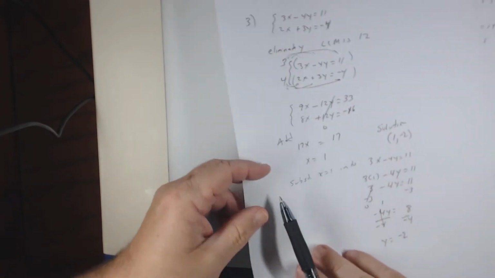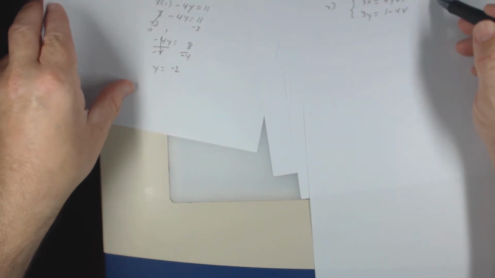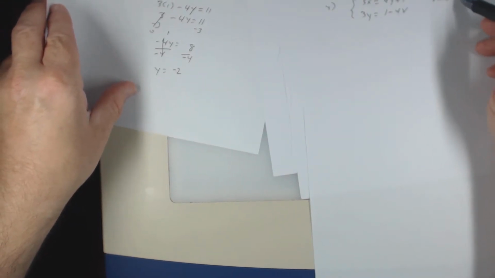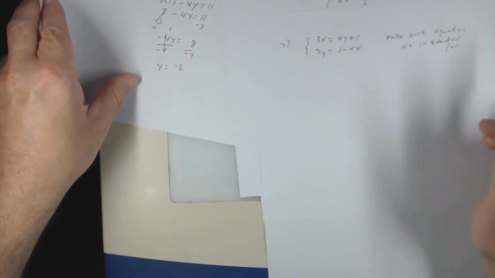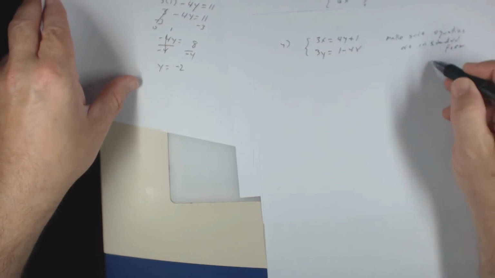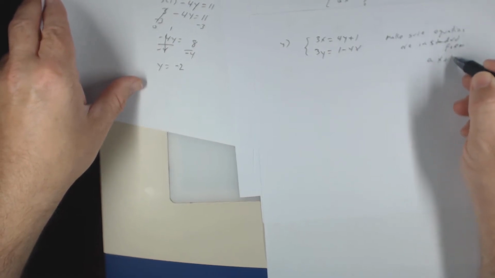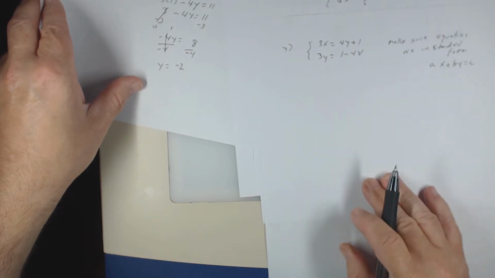All right, so the first thing you got to do is make sure that the equations are in standard form. In standard form, meaning ax plus by equals c.